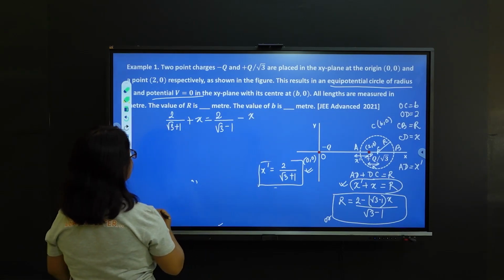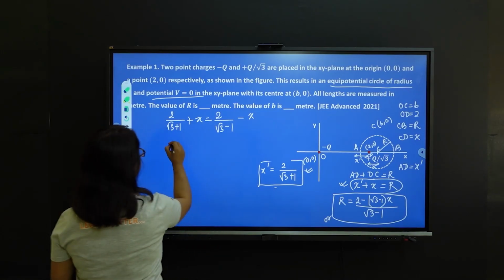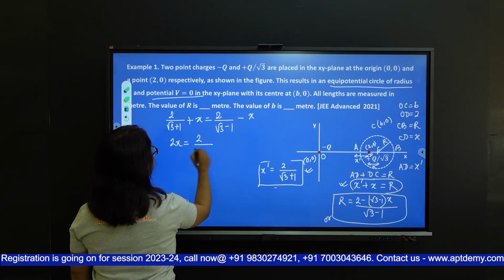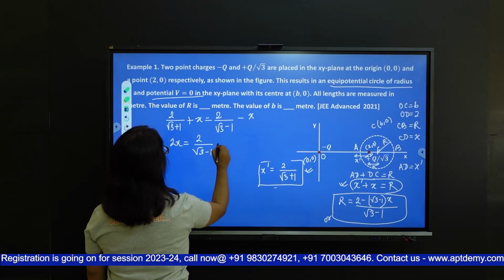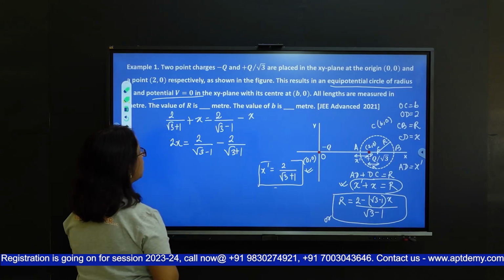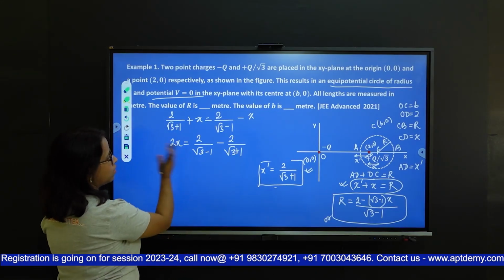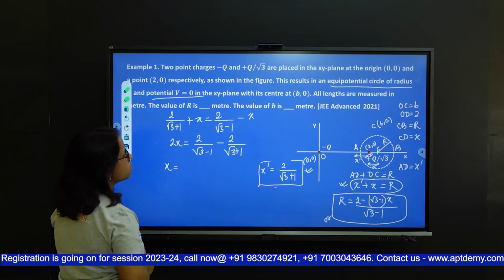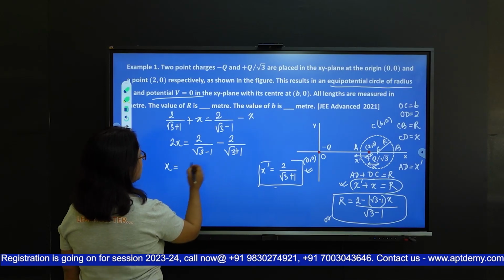So we have this as 2x. So you can see that 2x is equal to 2 by root 3 minus 1 minus 2 by root 3 plus 1. So we can imagine 2 as getting separated out and it will get cancelled. Finally, we have x is equal to, let's take the LCM.